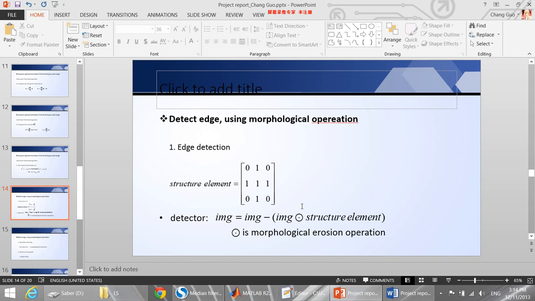Generally, morphological image processing operates by passing a structure element over the image in an activity similar to convolution. This is the structure element. It can be 1, 0, or -1.